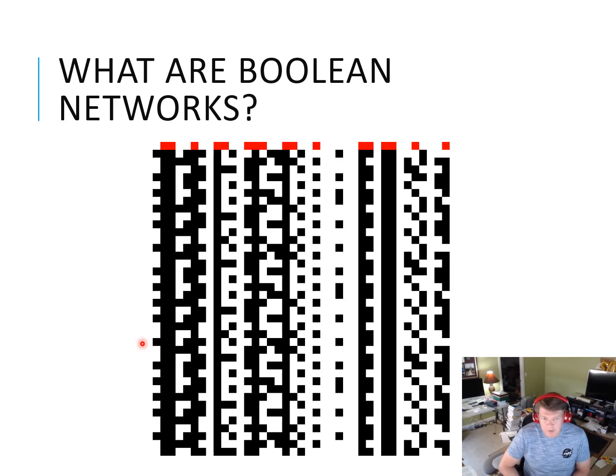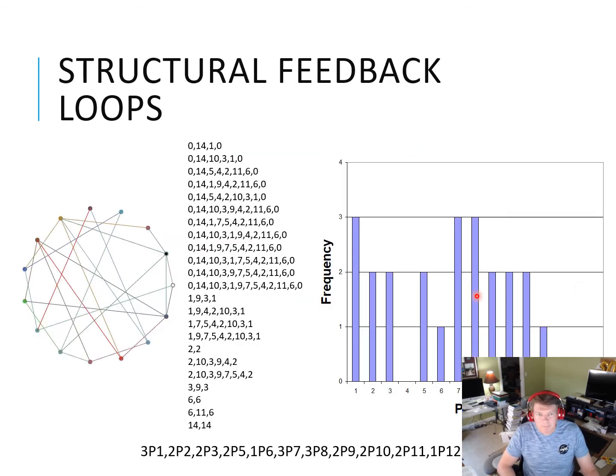So the rules and the structure of the network completely determine the different cycles, or attractors, or endpoints that this network will go to, and how long it takes to get to those endpoints or cycles.